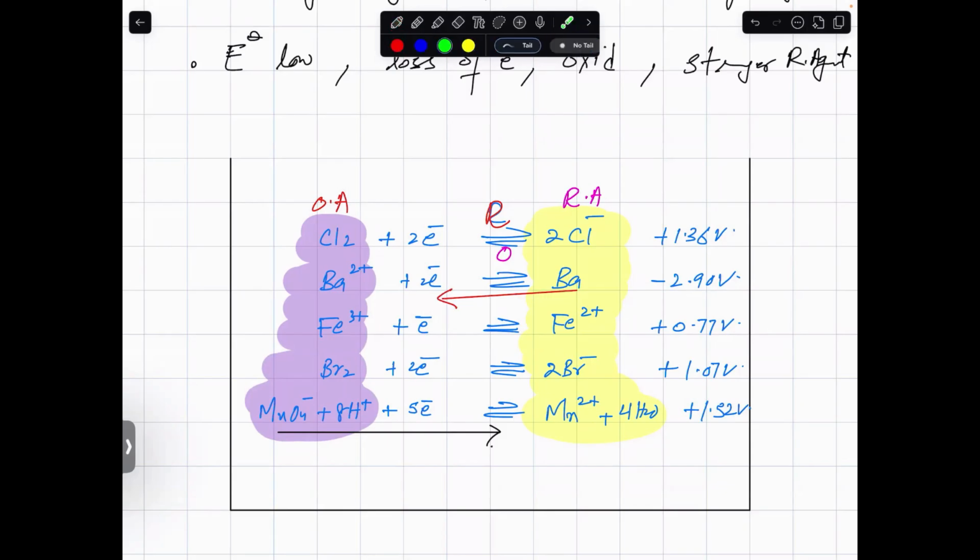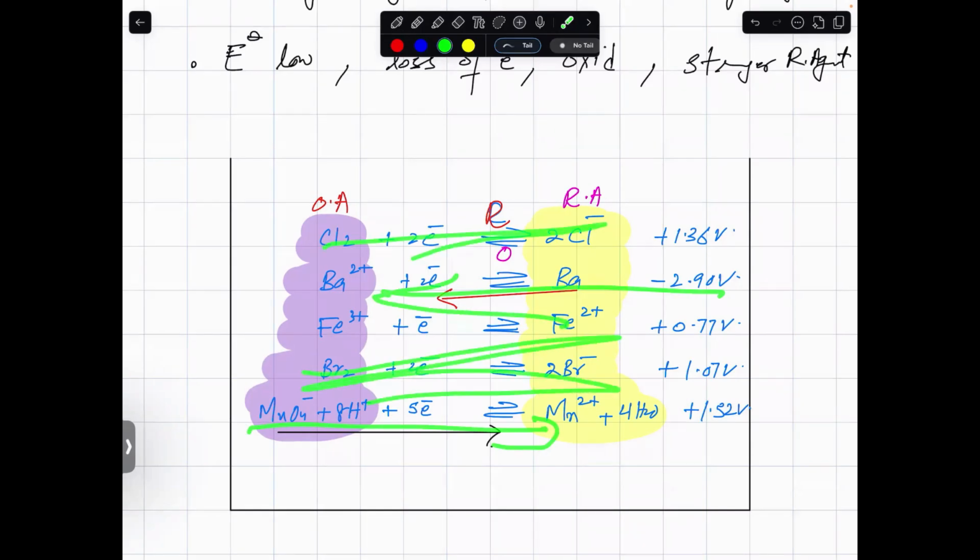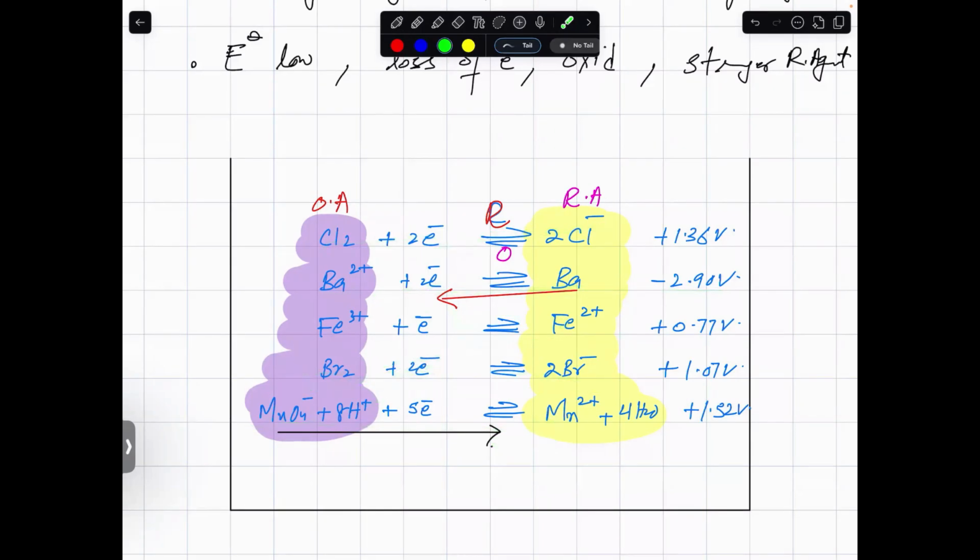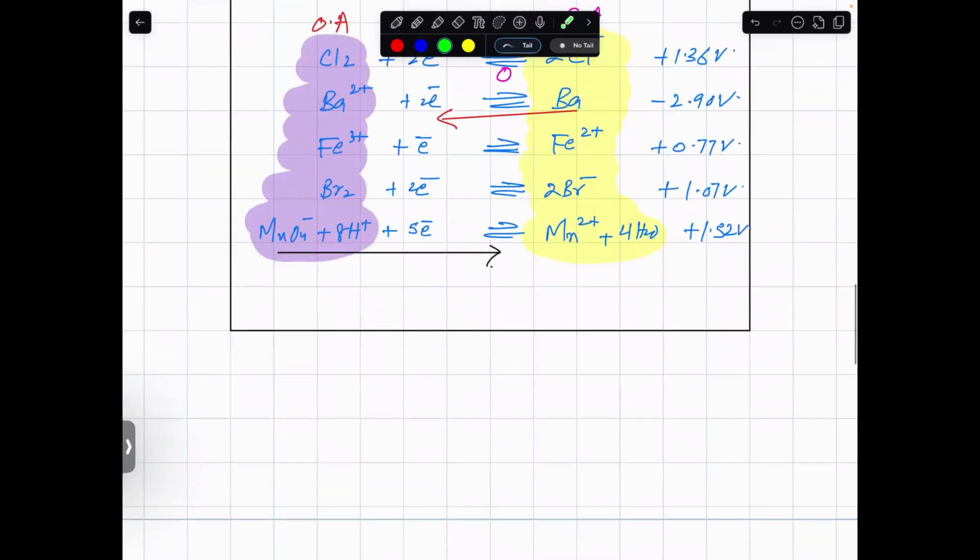Now, this one would gain, this one will lose, and the others would be spectators because they are waiting for the winners of the gain and the loss. Among these, this one is the strongest reducing agent. Among these, this one is the strongest oxidizing agent. The rest are waiting for them to finish. So this is a spontaneous redox reaction.